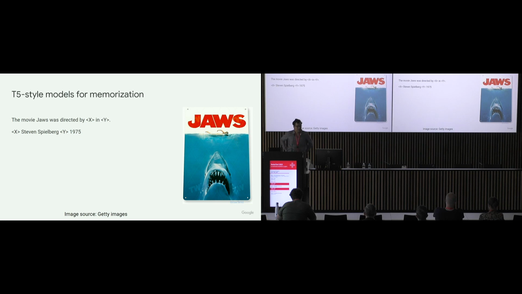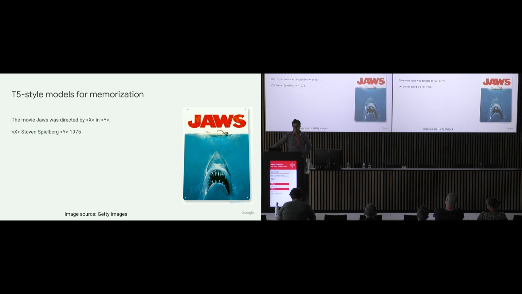Now, the last 2 examples I want to use to motivate the next section of the talk. These models can also memorize facts. If I take this T5 model and I ask it, the movie Jaws was directed by X in Y, it filled in X as Steven Spielberg and Y as 1975, which is correct.